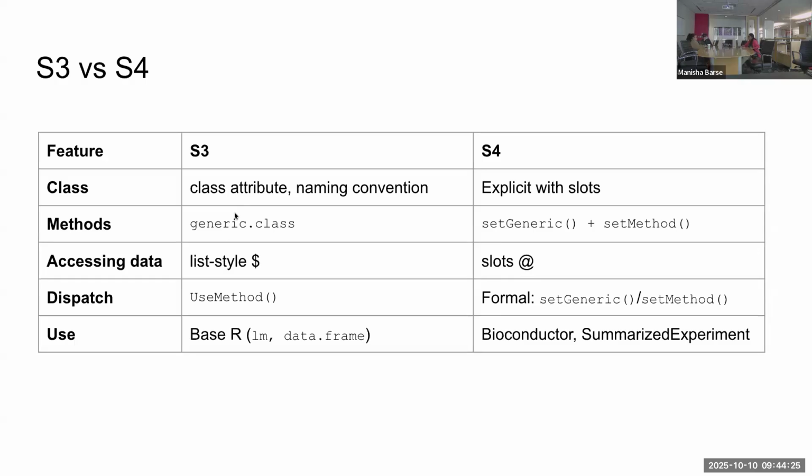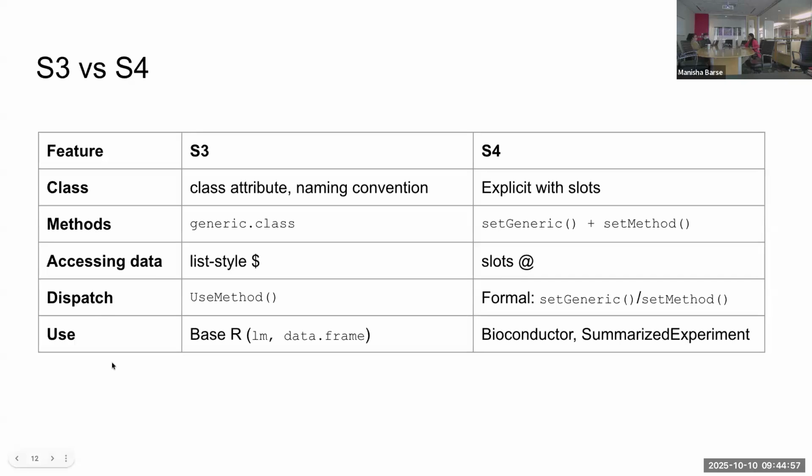To access the data in S3, you can do it in list style using the dollar symbol. For S4, it's the at symbol for accessing the slots. With dispatch, the right method R uses is defined through UseMethod in S3, while in S4 it's more formal, set through the setGeneric or setMethod functions.